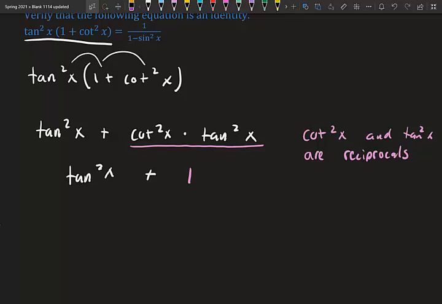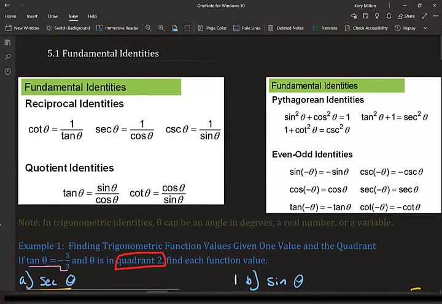I can switch it to cotangent, but that's not going to do me any good, right? Let's look at our identities. We have tangent squared plus 1 left over. Do you see anywhere in here that says tangent squared plus 1 equals something? Right here: tangent squared plus 1 equals secant squared theta.